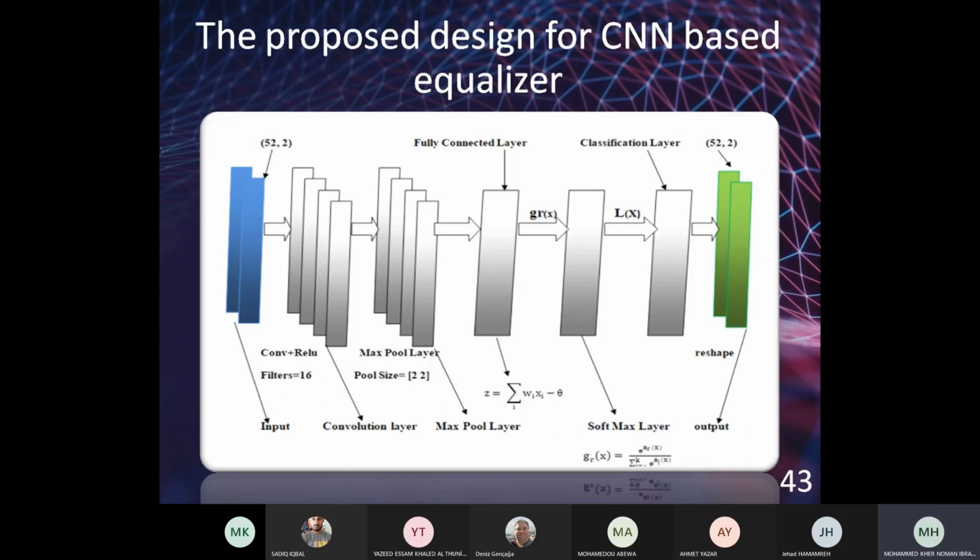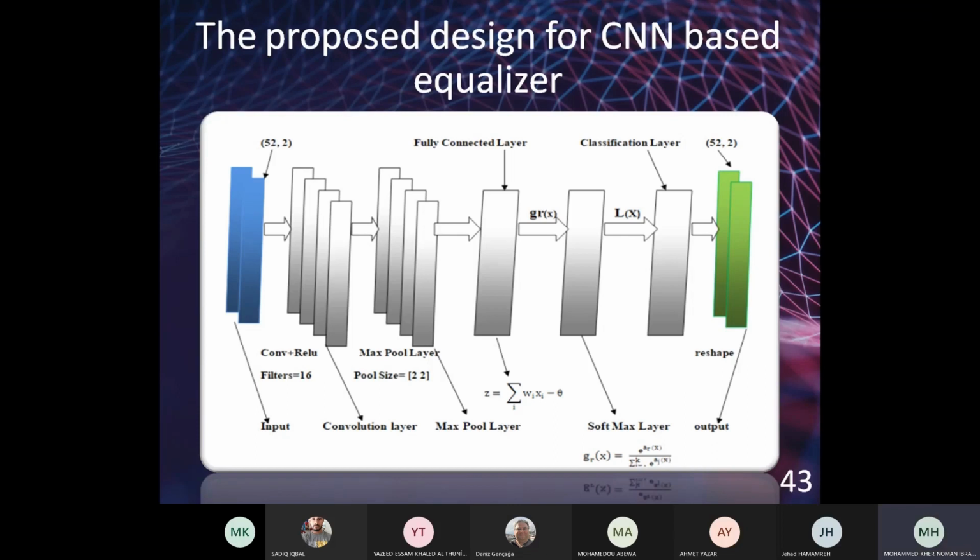Then the convolution layer, which is the first layer in the CNN, comprises 16 filters, each of size 3 by 3, and applies a clipped rectified linear unit activation function to generate the output of the CNN layer. Then we go to the max pool layer.